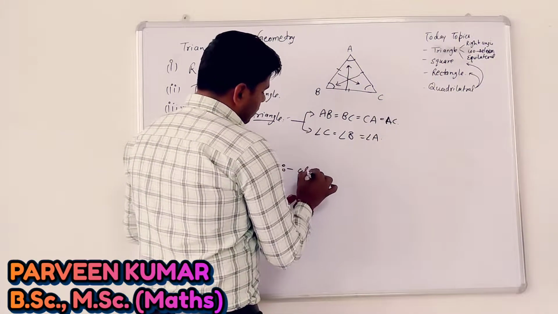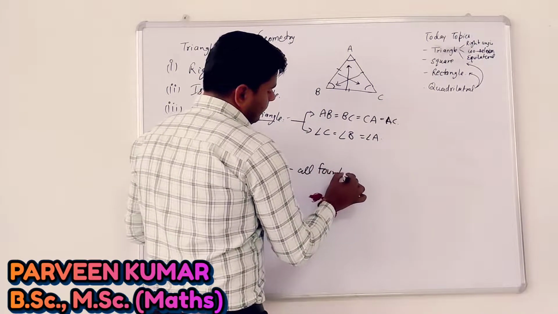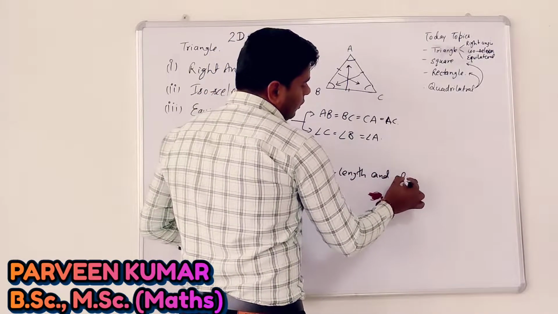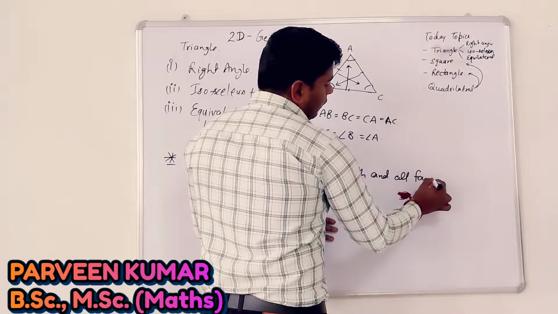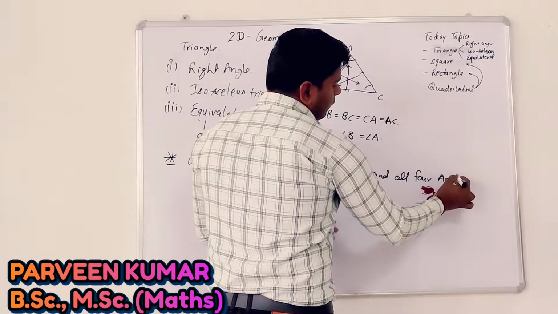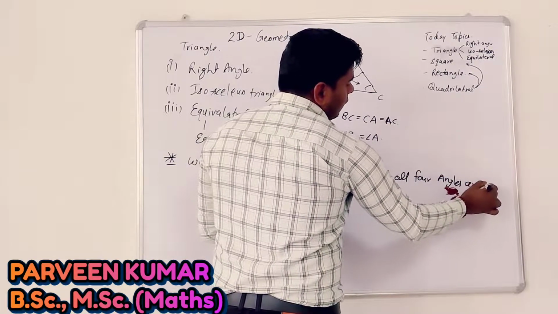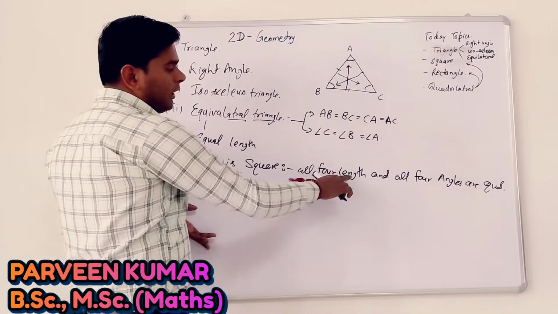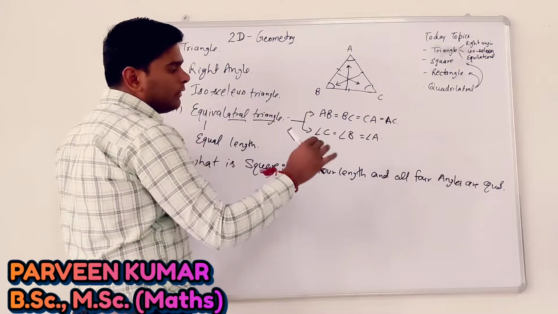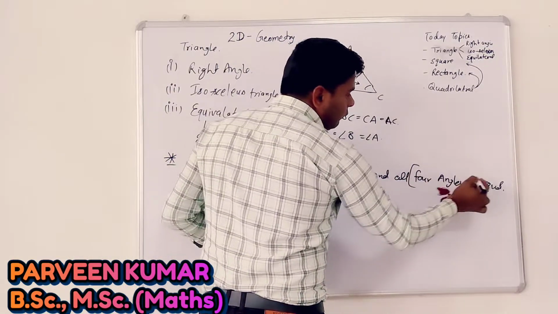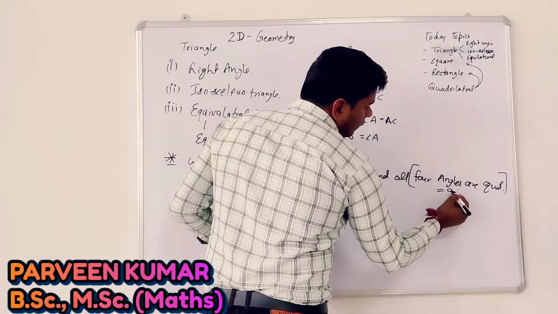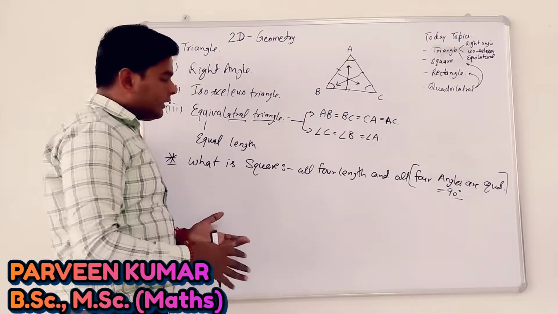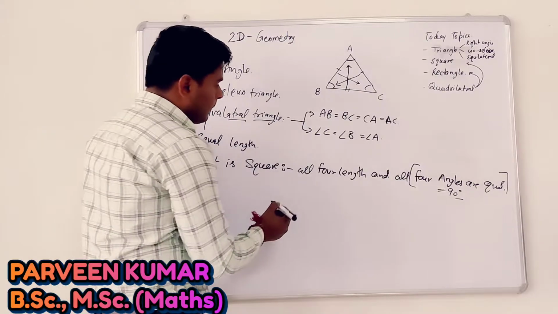If all four lines and all four angles are equal, and these four angles are equal to 90 degrees, then the figure we obtain is a square.